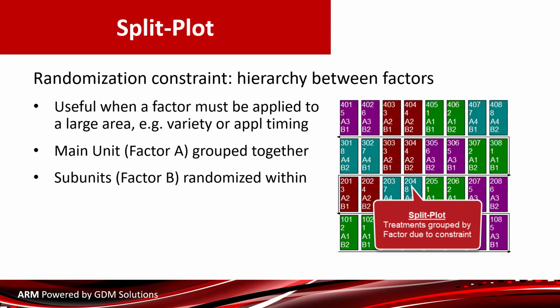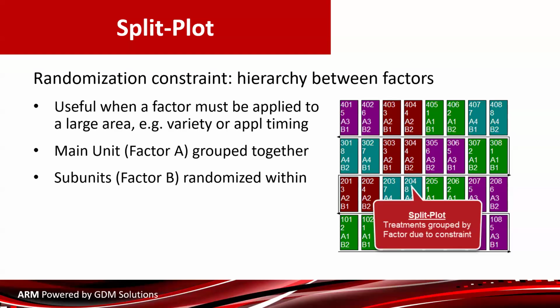So examples would be maybe a variety. If we're testing different varieties, the equipment is just too large that I can't just plant a different variety, one in each plot, and totally completely random like we saw in the previous. I need some sort of pattern.